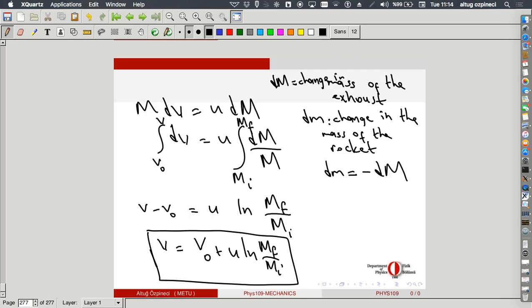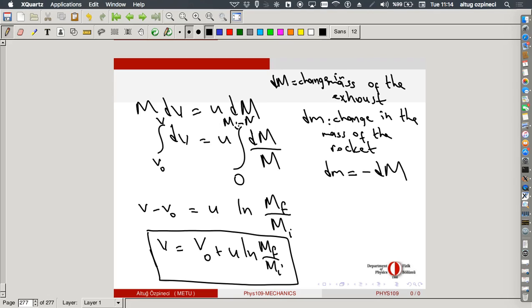Or if I want to stick to this dm, this large M is the change in the exhaust. So the change in the mass of the exhaust is the exhaust. Initially, it had 0 mass. Finally, it had m final minus m initial.